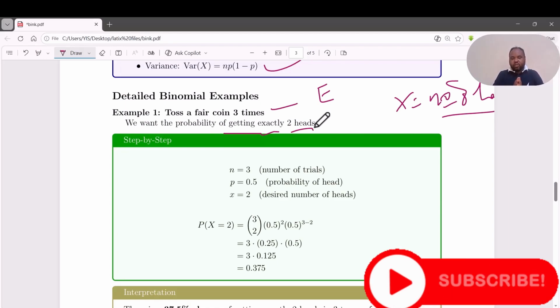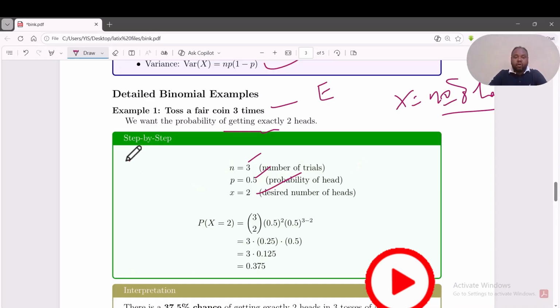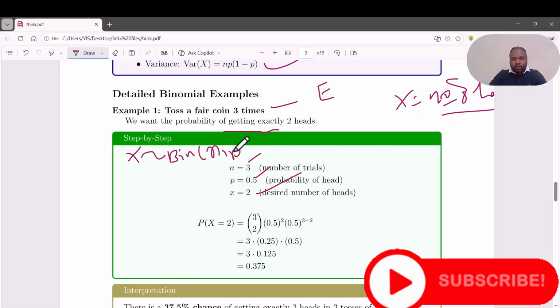a question here. The first step in solving such a problem is to identify what is n, what is p, and what is X, right? For X, which is a random variable distributed binomially with parameters n, p, we need to first identify what n and p are in practice.